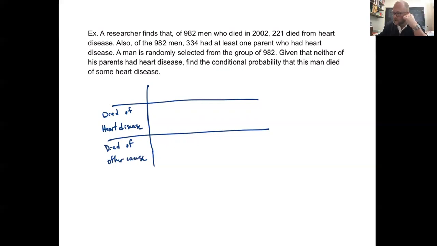And then we're going to look across here and do parent with heart disease. And then we'll do no parent. I can't spell parent with heart disease.